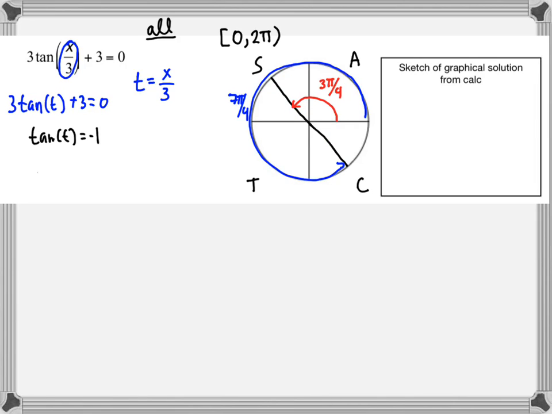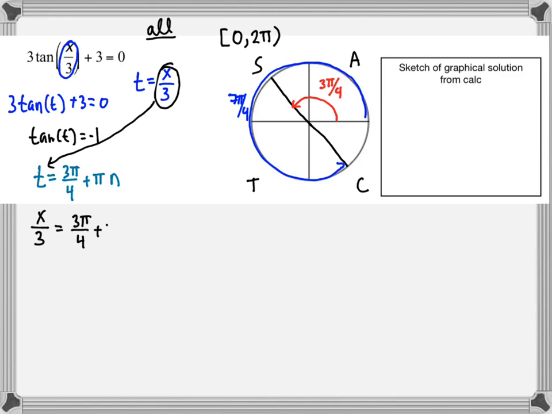So the way that we want to write this, at least in the interim, is t equals the first positive solution, 3 pi over 4, plus every increment that it is going to hit to the next solution, which is pi n. I'm going to leave that for the moment because we're about to do some algebra with it. We have to switch back x divided by 3 in for t because we're asked about x, not what we made up there. So I got x divided by 3 equals 3 pi over 4 plus pi n.